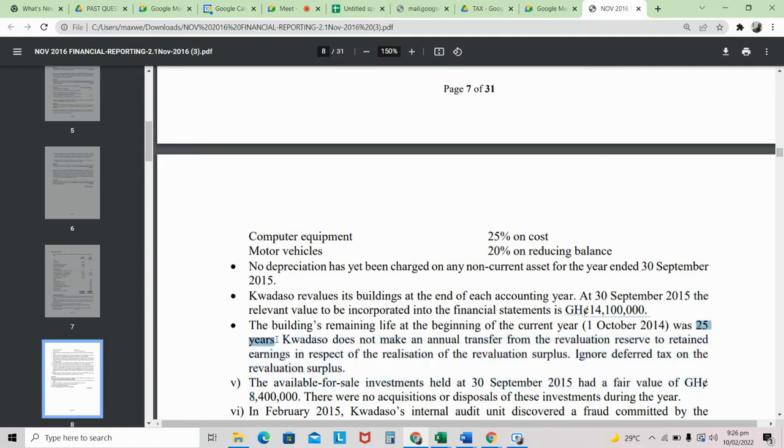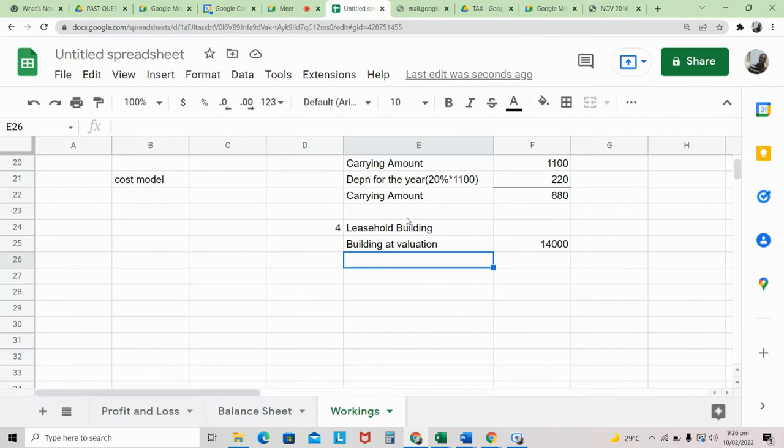So we have to depreciate this building over 25 years. So it will be 14,000 over 25. You get 560.